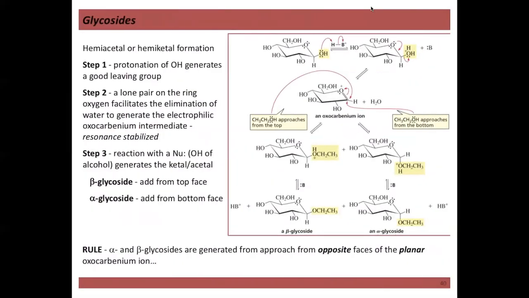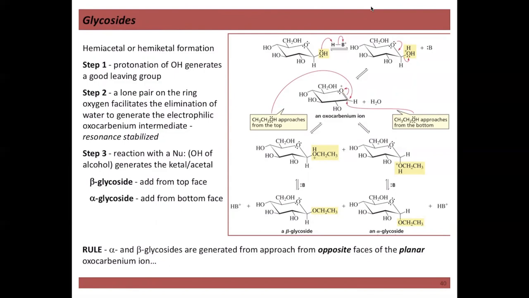So the question is, well, how does this work? Well, it works just like it did in hemiacetals back in the aldehyde and ketone chapter. We would protonate the alcohol, make a good leaving group. The adjacent electrons kick out that good leaving group. We end up with a C double bond O and a positive on that carbon.